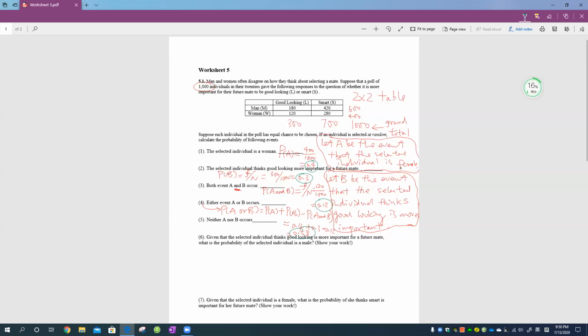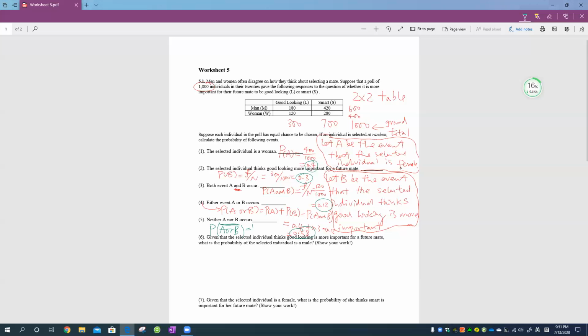So probability of A or B bar. We put a bar, it means complementary event.